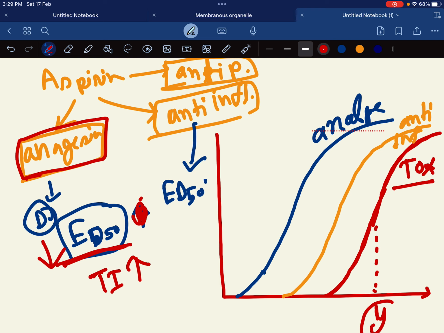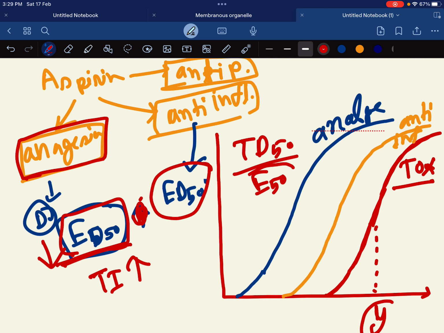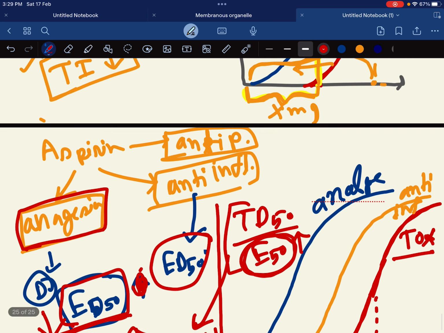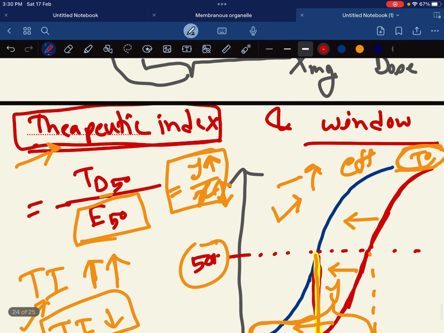But for anti-inflammatory function, the effective dose at which the effect is produced is higher. You know the ratio is toxic dose 50 divided by effective dose 50. So for anti-inflammatory function, this effective dose is higher, so the fraction will be low and the therapeutic index will be low. So that was a cool thing about therapeutic index.